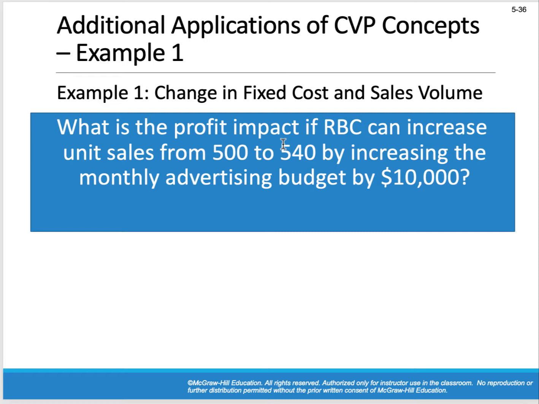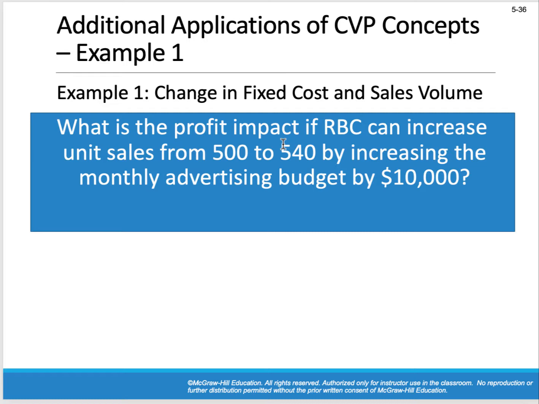So let's look at the first example, okay? Or before we look at the first example, it's important to realize that we're going to go through 5 examples, and these 5 examples should indicate to you the range of uses of CVP analysis. This CVP analysis is very useful. Why?